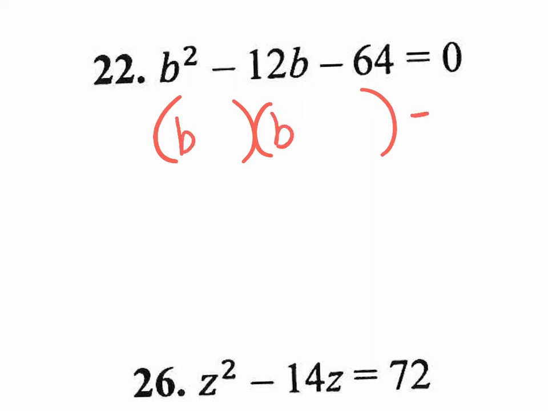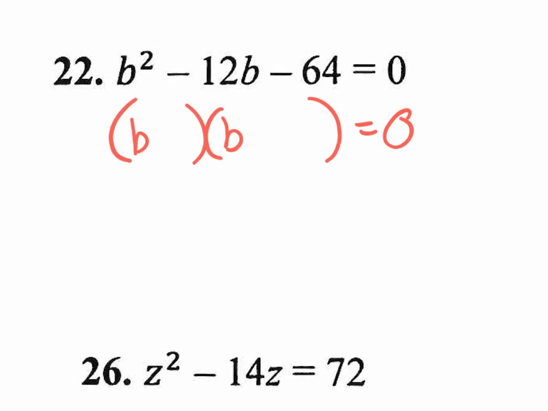B equals 0. What times what is negative 64 that if we add together is negative 12? And if we don't see it right off the top of our heads, let's make a list. So like negative 1 times 64, negative 2 times 32, negative 3, that doesn't work. Negative 4 times 16, yes?